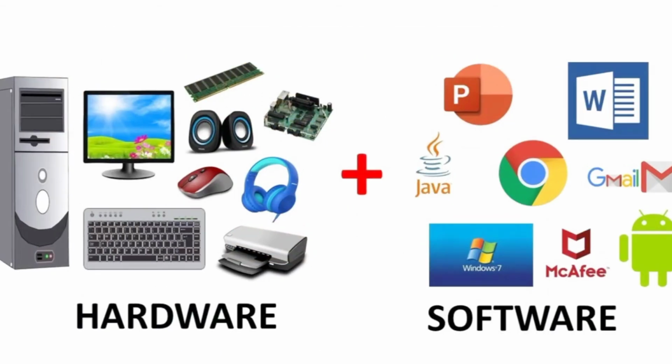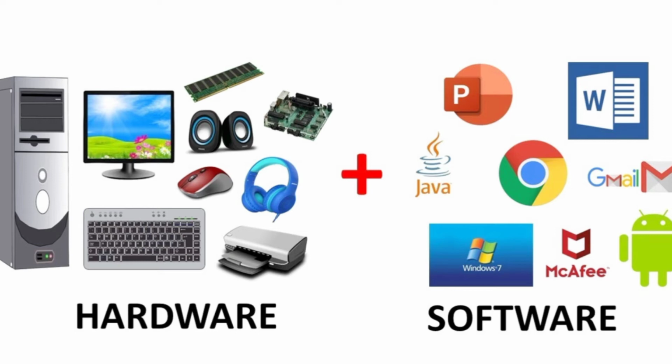Now we are going to talk about the components of a computer, that is hardware and software. Hardware are those parts of a computer which include devices that we can touch, that we can see with our eyes. And software includes those parts of a computer which we cannot touch or feel.